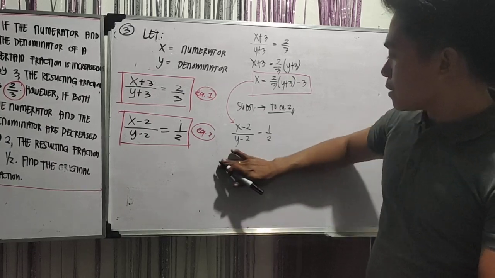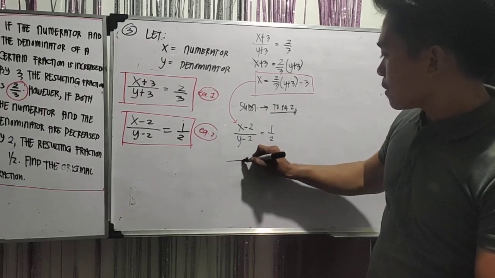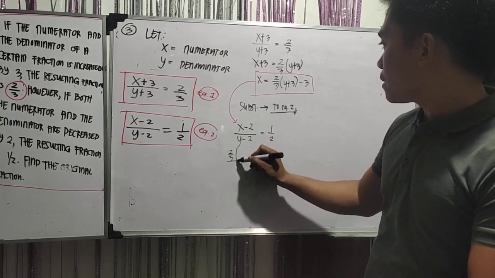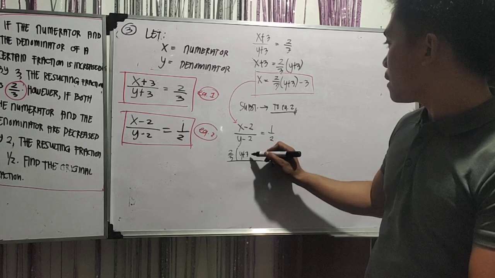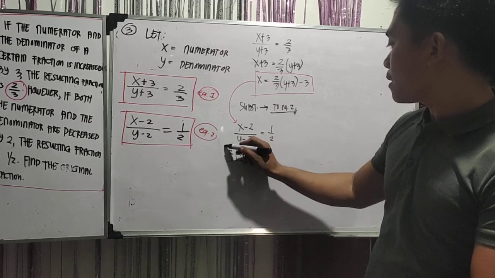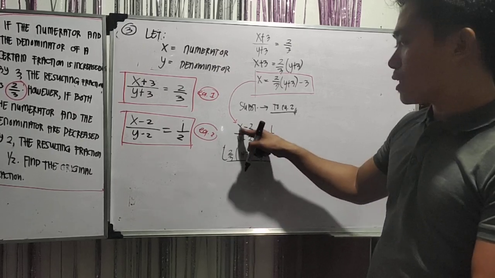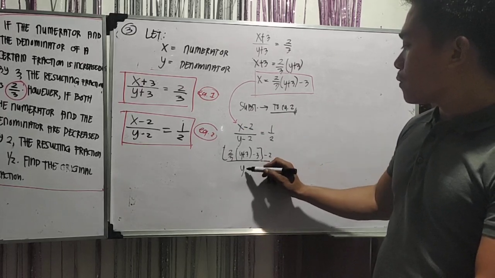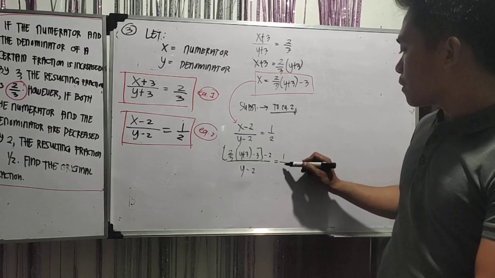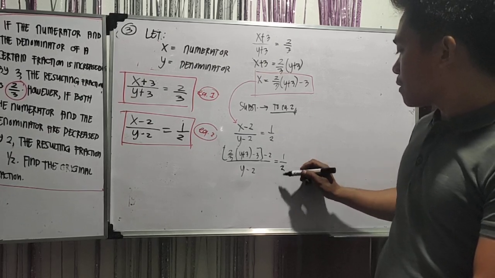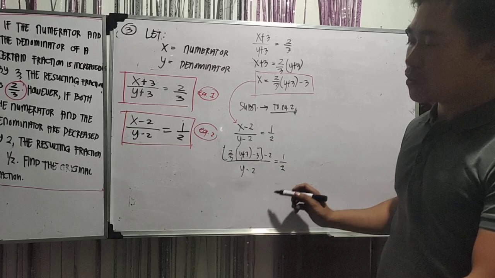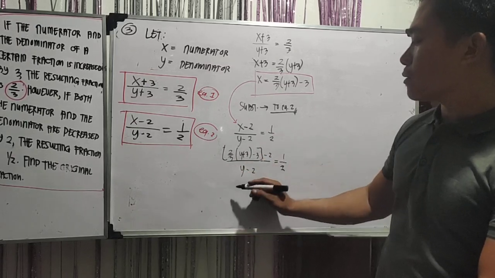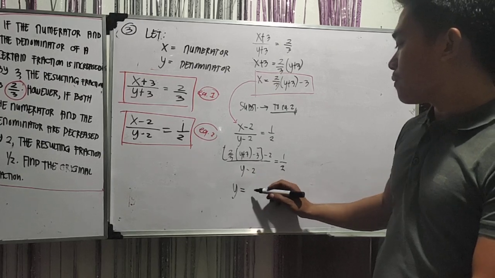Yung mangyayari, x, which is 2/3 ni y plus 3, minus 3, yan pala ngayon yung x ko. Ito siya. Kaso may minus 2 ka pa. So, minus 2, over y minus 2 is equal to 1/2. Okay? All variables are nasa y na siya. Wala ka ng x dito. So, in short, you cannot solve the value of y.